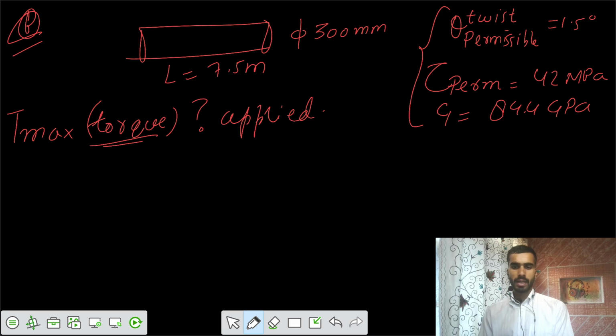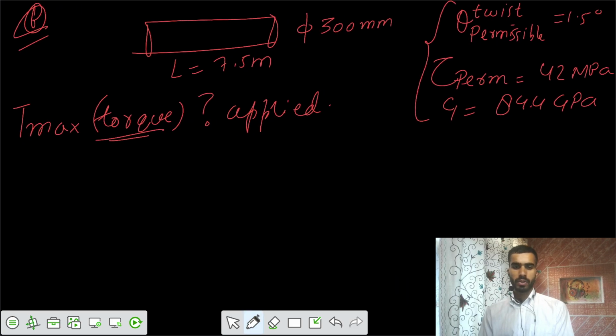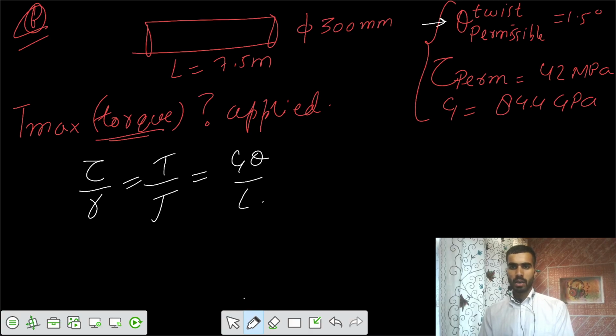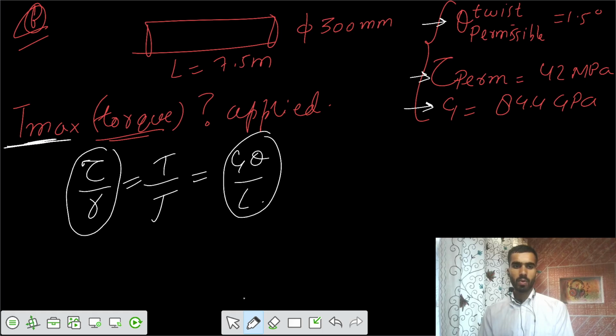So let's say we have that torsion formula, tau by r equals T by J equals G theta by L. And from the conditions you can see you have theta given, you have tau given, and you have G given, but T is not given. So if I solve for this part first, I would get some value of tau.